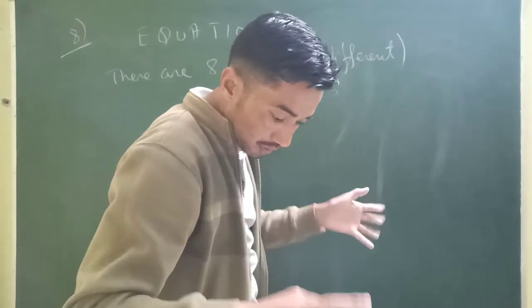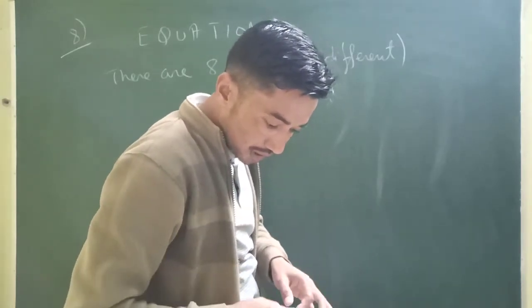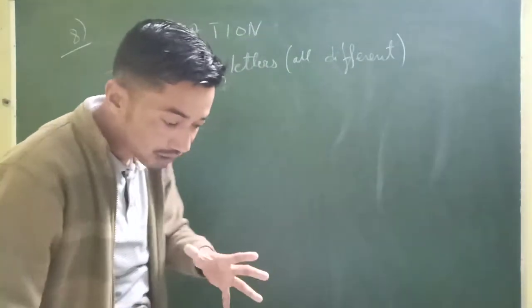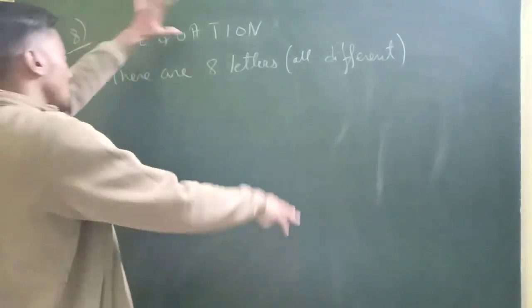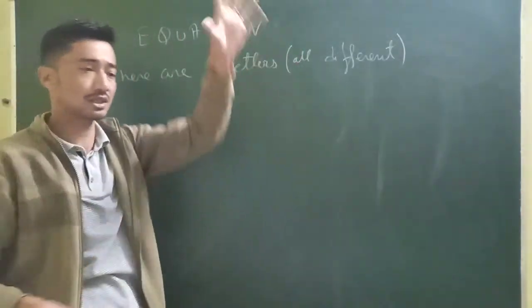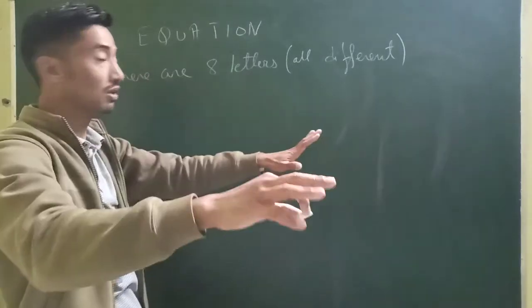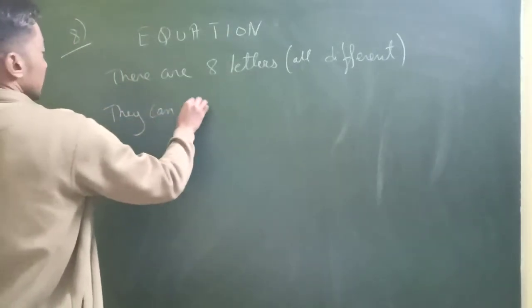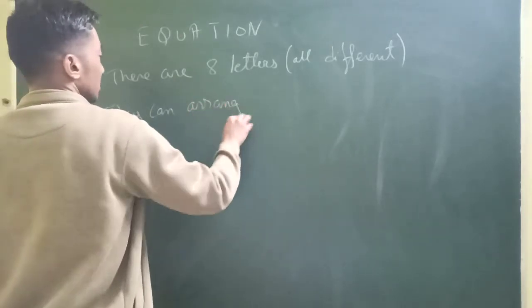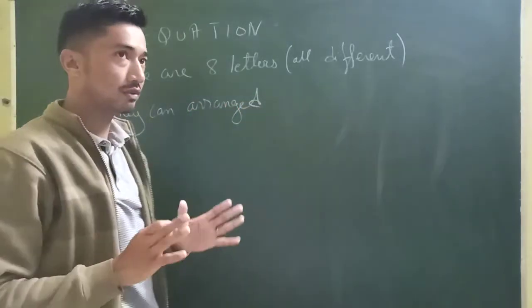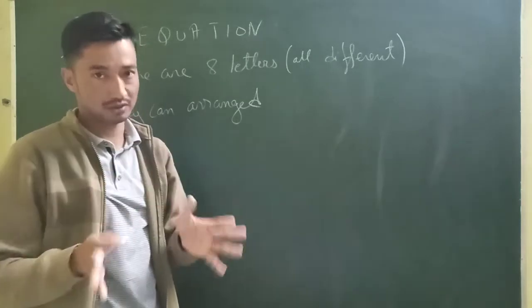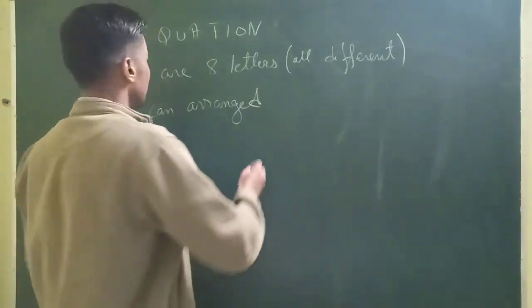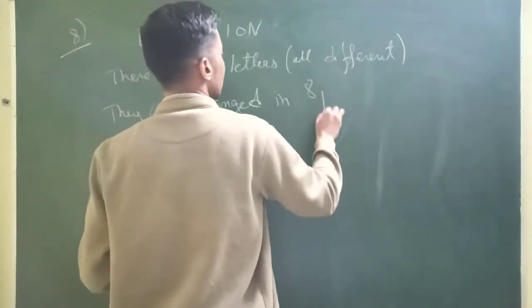That means all these 8 letters can be just arranged and meshed up. One here, one there. We can do it in so many ways. One good condition is that none of the letters should be repeated. So that's why it is much easier.